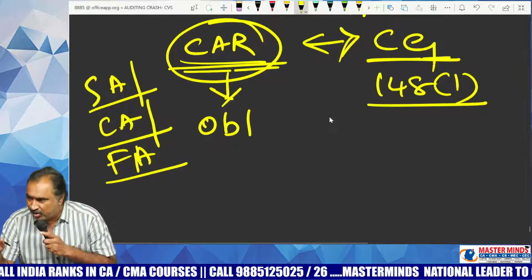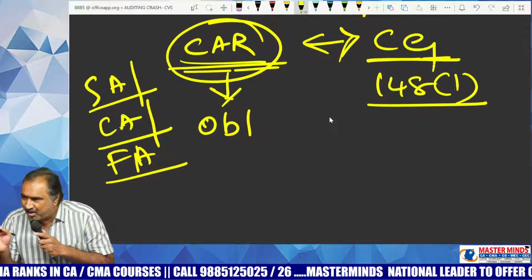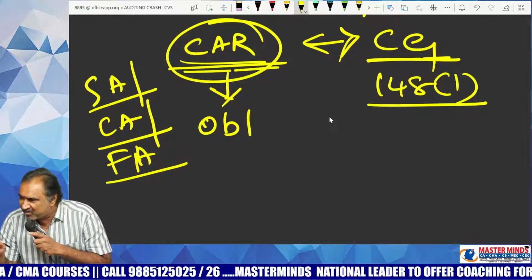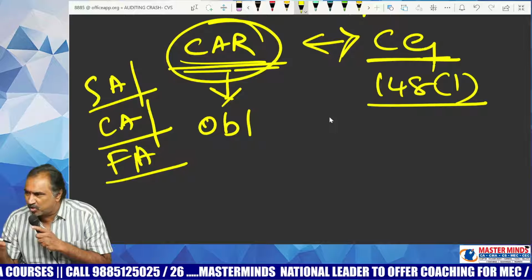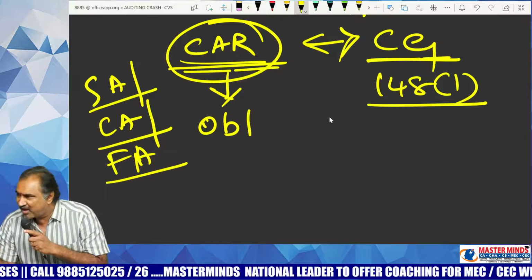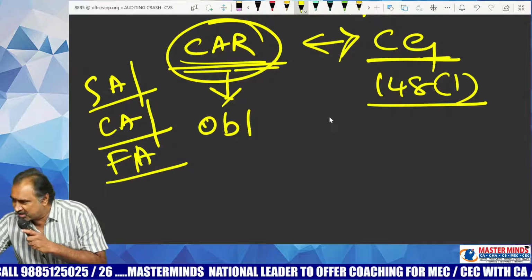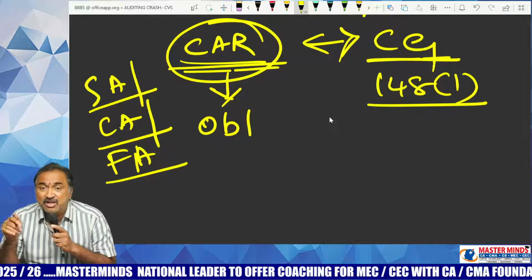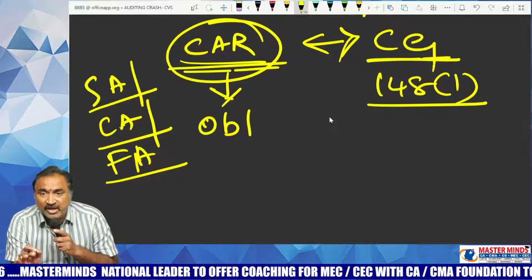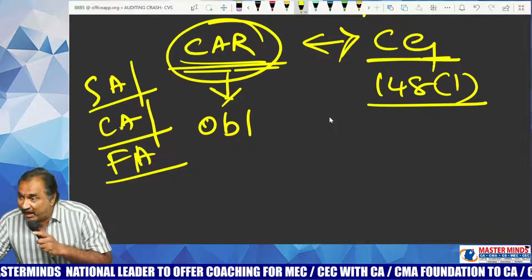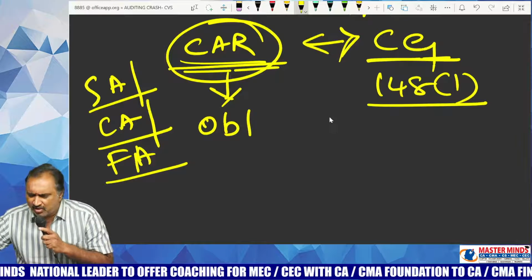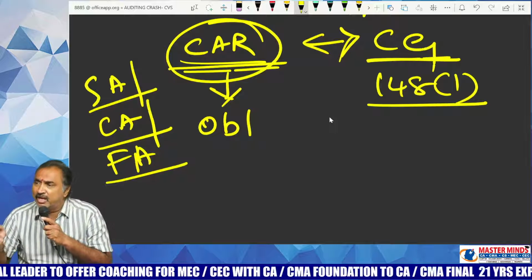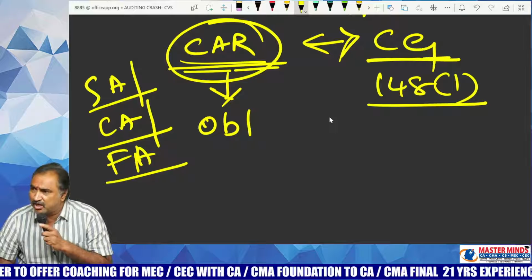But remember, you are not expected to carry out a full-fledged audit of cost accounting records. You are not responsible for conducting an audit of such records. You have been given a right of access to ascertain whether the company under your audit is actually following the directions given by central government in respect of maintenance of cost accounting records.